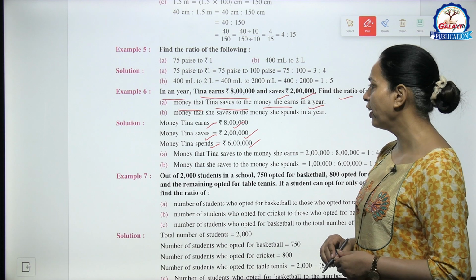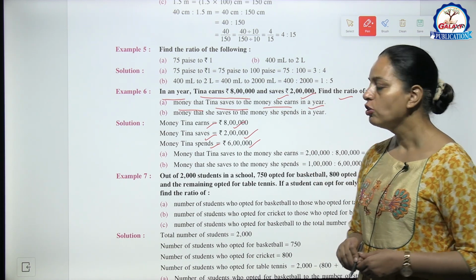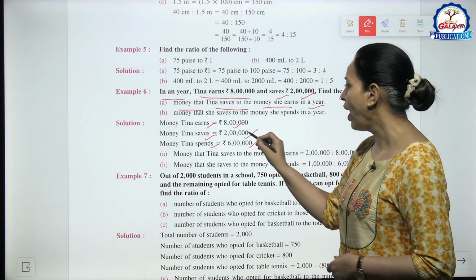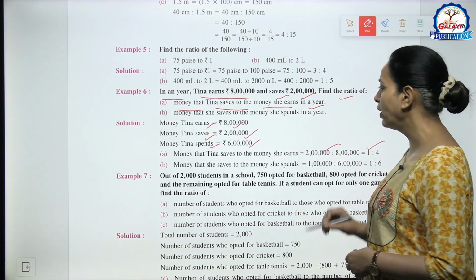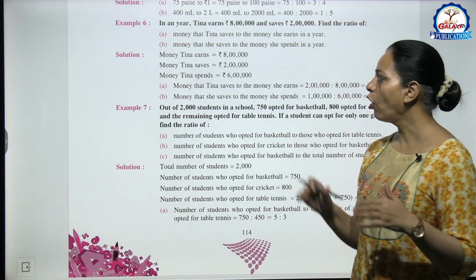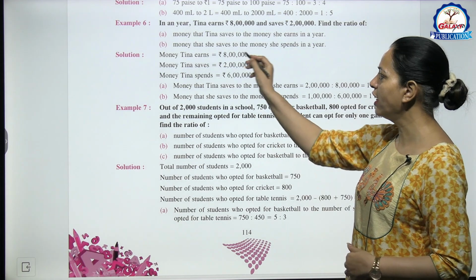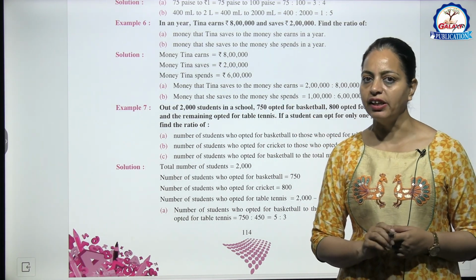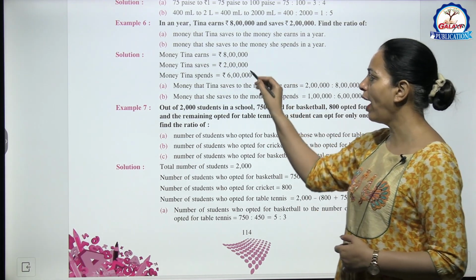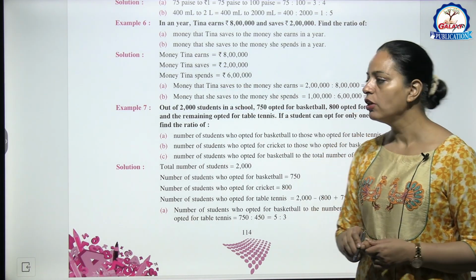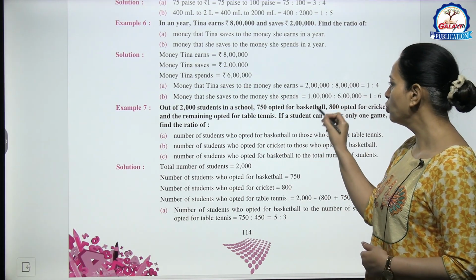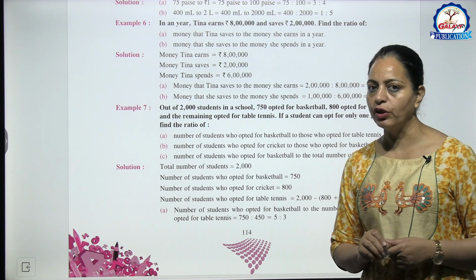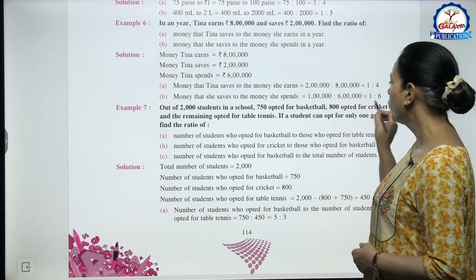So we have to find the ratio, saving is to earning, so that is what, 2 lakh is to 8 lakh means 1 is to 4. Okay, now B part, money that she saves to the money she spends in a year. So she saves 2 lakh and she spends 6 lakh. So here what to do, 2 lakh is to 6 lakh, we can find the ratio, that is 1 is to 3, right?